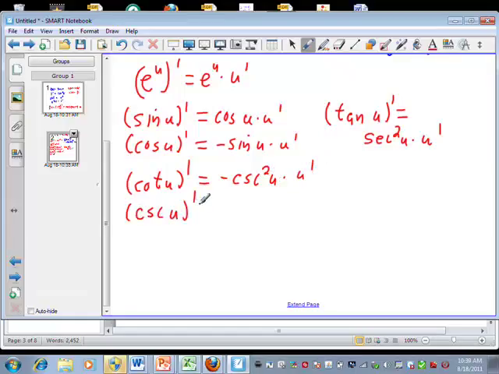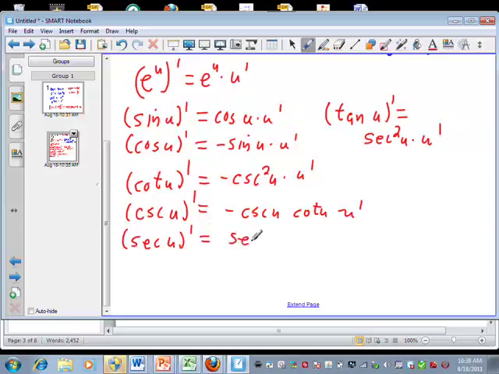Derivative of cosecant is negative cosecant of u, cotangent of u, times the derivative of u. And the derivative of secant is secant u, tangent u, times the derivative of u.